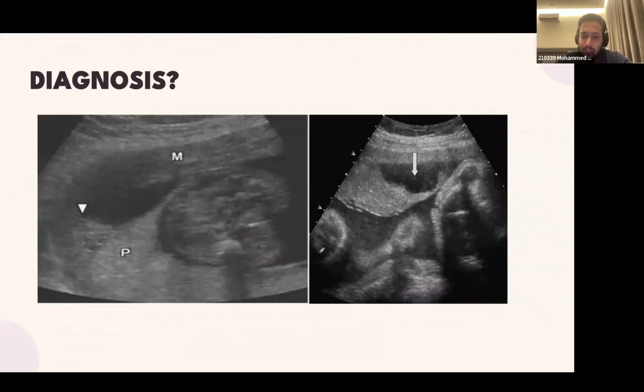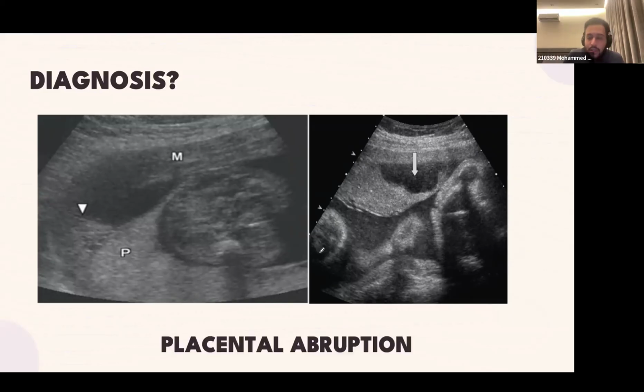Okay. This patient had painful 3rd trimester bleeding. Abruptio placenta or placental abruption. Good. Which is basically separation of the placenta from the myometrium. Accumulation of blood, and this causes the pain. Okay. That's pretty much all you need to know.